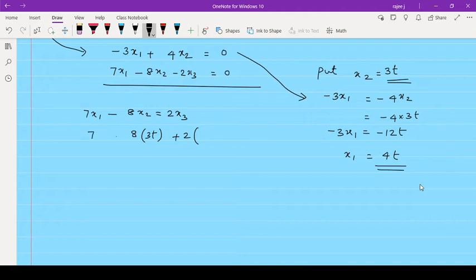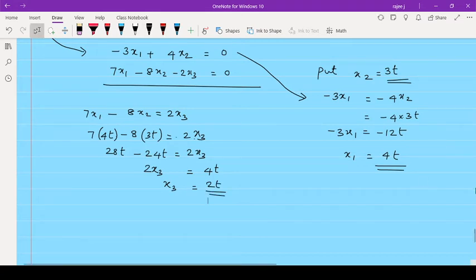So 7 into x1, 4t, minus 8 into 3t is equal to 2x3. So 7 4s are 28t minus 8 3s are 24t is equal to 2x3, or 2x3 is equal to 4t, or x3 is equal to 2t. So x1, x2, x3 we got.